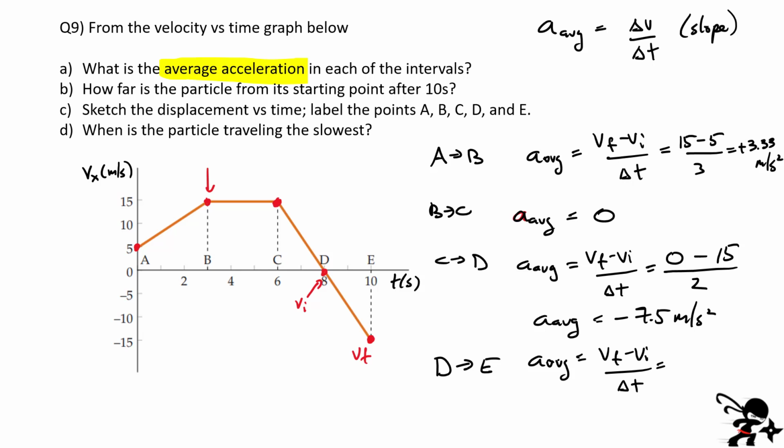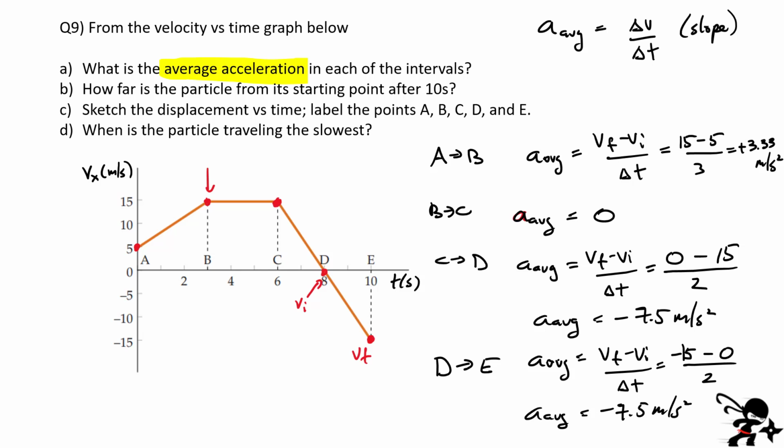So we get minus, sorry, V final is not 0. We get minus 15 as my final velocity, and then minus 0, because that's my initial, divided by the time interval. Again, it's 2. So notice we get the same thing here. The average is minus 7.5 meters per second squared.